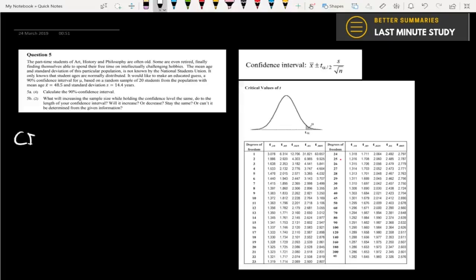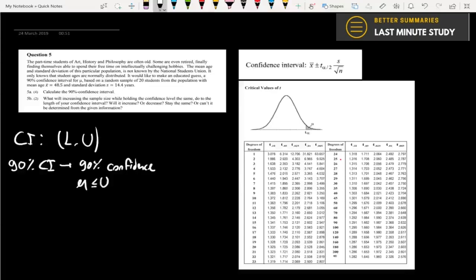Let's do a quick recap. What's the confidence interval? We have a lower limit and an upper limit. That's what it stands for. Let's write this first: 90% confidence interval. We can say with 90% confidence that mu is going to be in between this upper and lower limit.